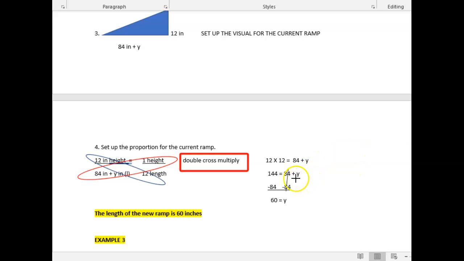Okay? Now, again, we are going to use that expression and equation understanding to help us solve. So here we go. We're going to cross multiply 12 times 12. We're going to set that equal to 84 inches plus y times 1. So there's a little bit of some missing information that might confuse you that I need to add here. Give me one moment.